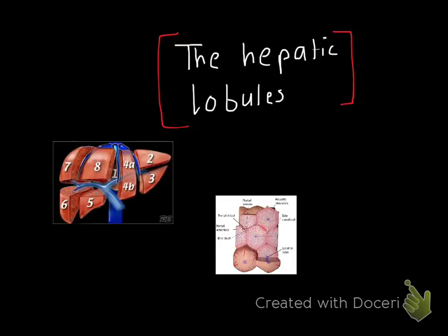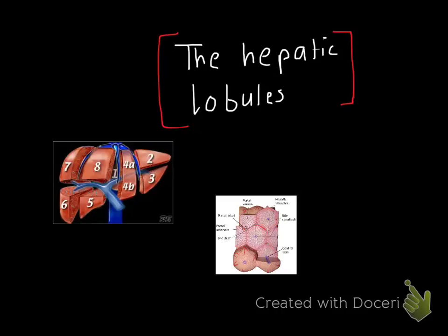The hepatic lobules. In the last video, I said that the liver was divided into 8 segments. Each one of these segments is the functional unit of the liver, and the segments were further subdivided into liver lobules.